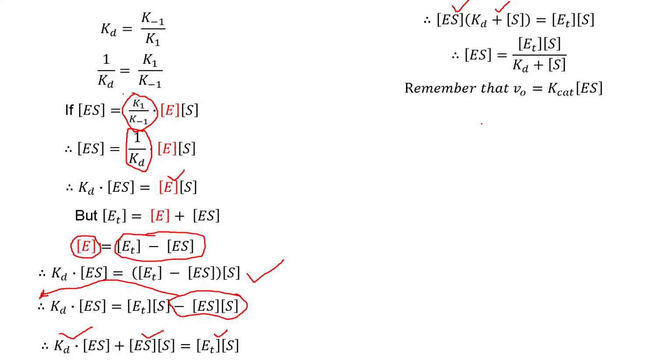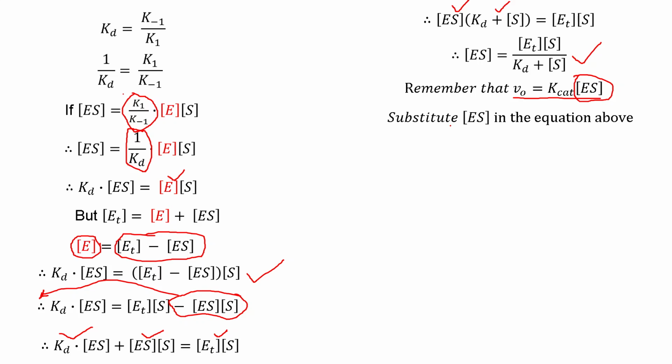Now, remember that when we were talking about the rate of reaction, the initial rate of reaction, we say that V0 is equal to Kcat multiplied by ES. So we are going to replace this ES with the equation above.